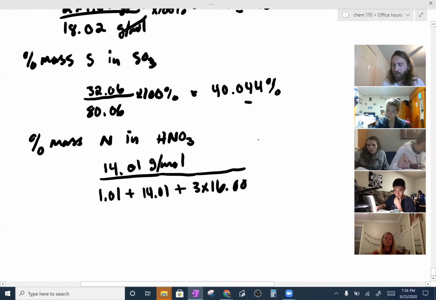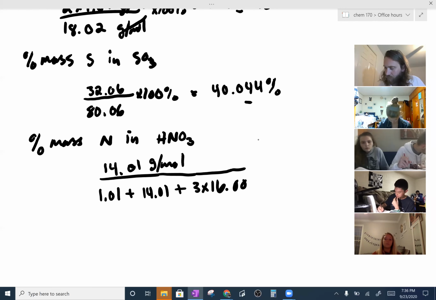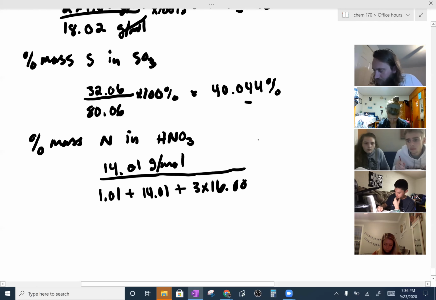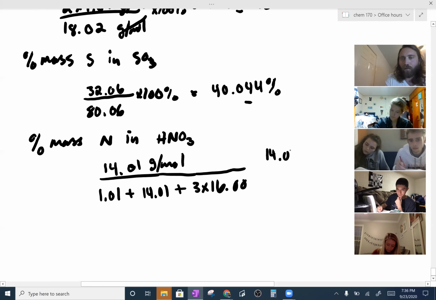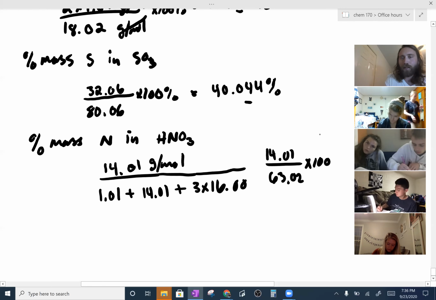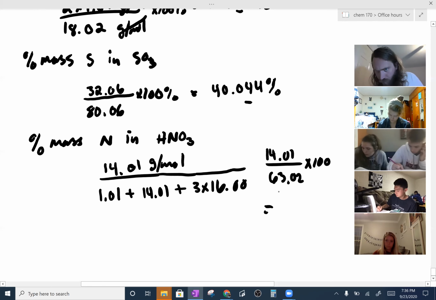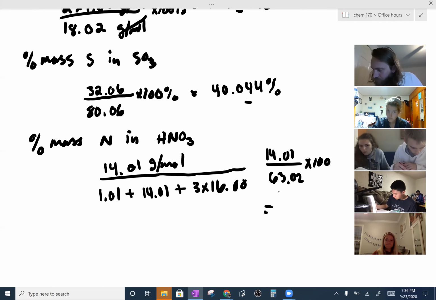That would equal 63.02. So we have 14.01 divided by 63.02 times 100, and this equals 22.231%.